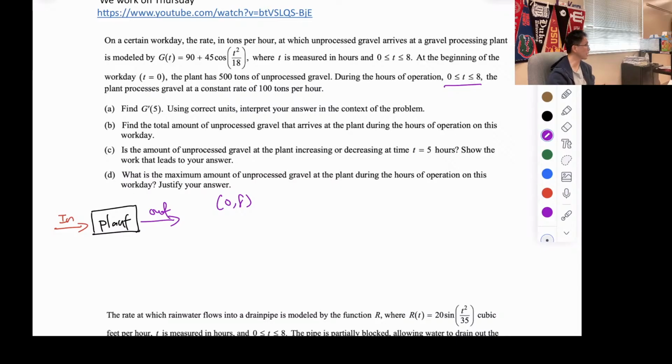Every question always gives you some type of domain. Every question also gives you an initial condition. Do you see an initial condition here? Initial condition, t equals 0, 500. Good, so you are reading. Awesome. And write down, I see initial condition.